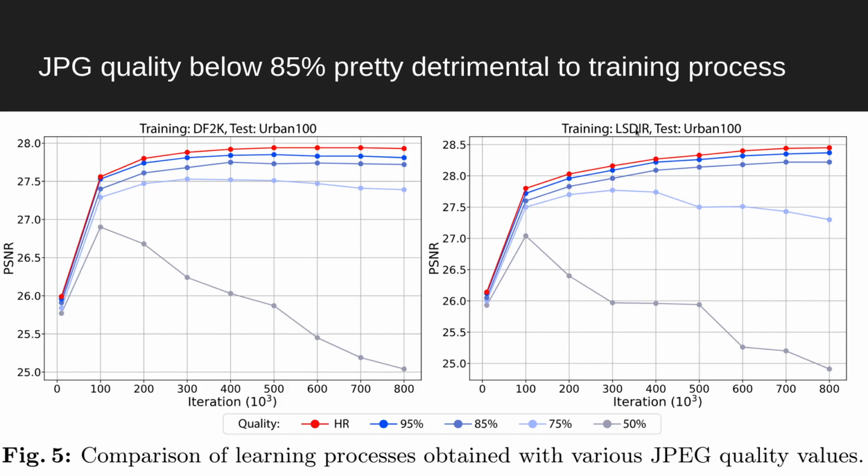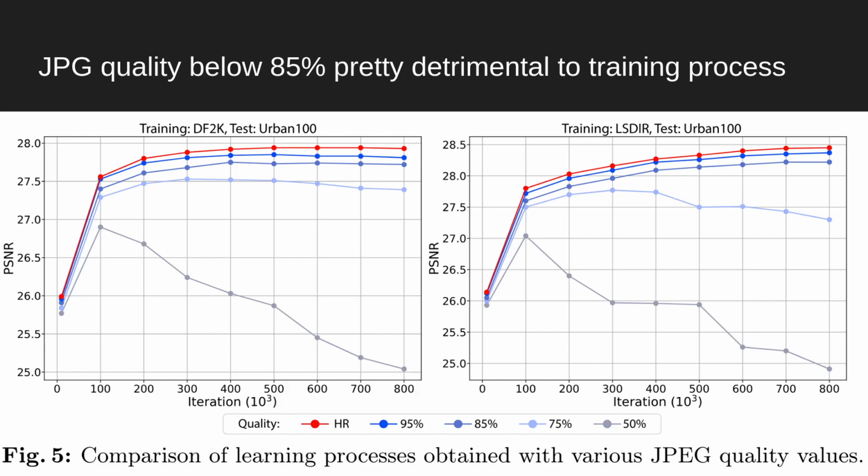You can see it even more so on the LSDIR. You can see how it first goes up, but then it just falls and falls. The longer you train, the worse the model gets. And you can see it especially with the 50%, it just crashes, bam. So that's important. We don't want our model to get worse with training time. So we want to make sure not to add 75% JPEG compression to our dataset.